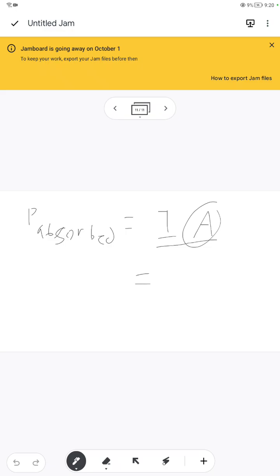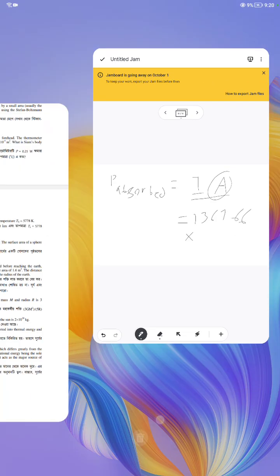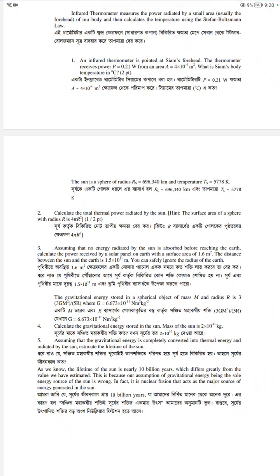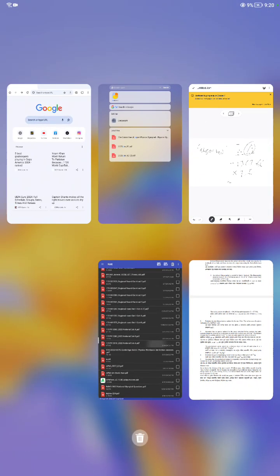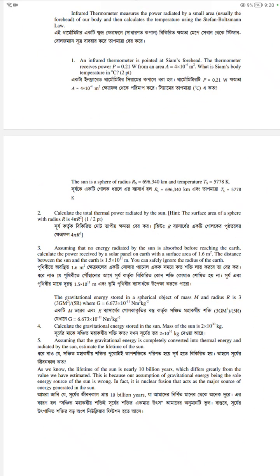So I have the intensity, which is 1361.66, times the area of the solar panel, which is 1.6. The concept is not very hard, it's just the concept of intensity, and you will be able to solve this, and I hope you got the concept very well.